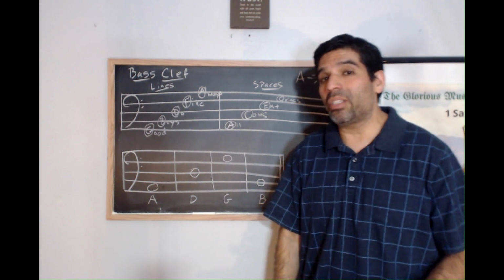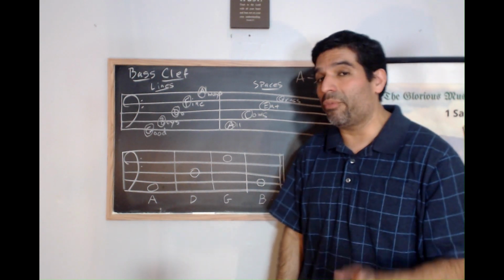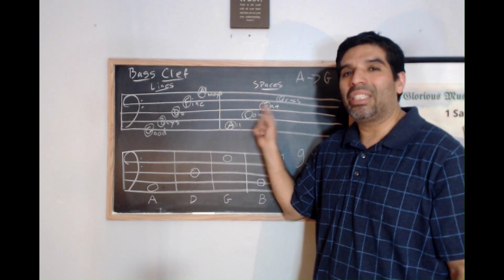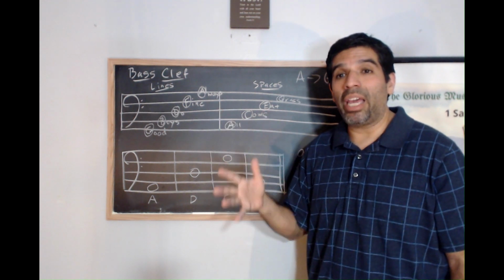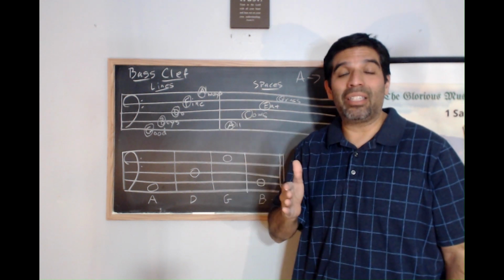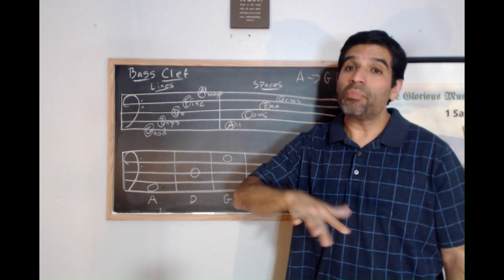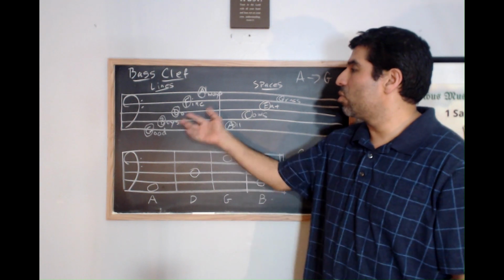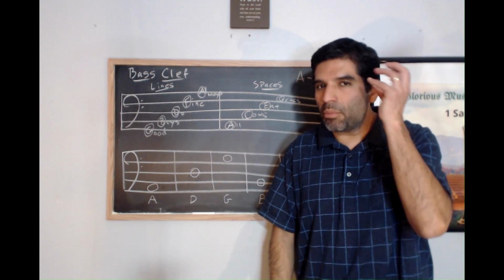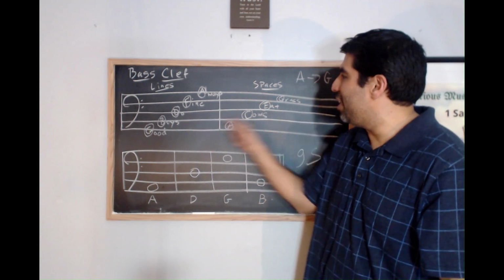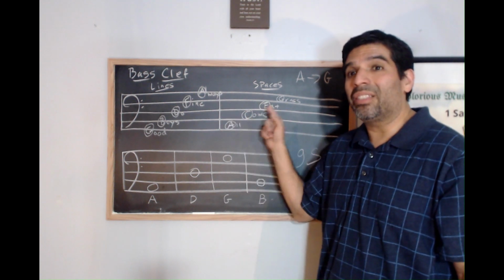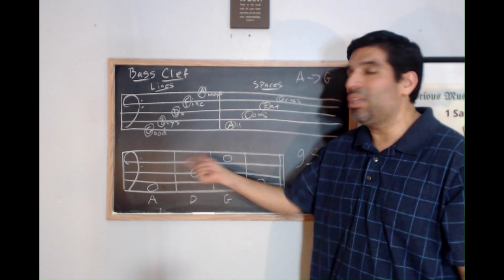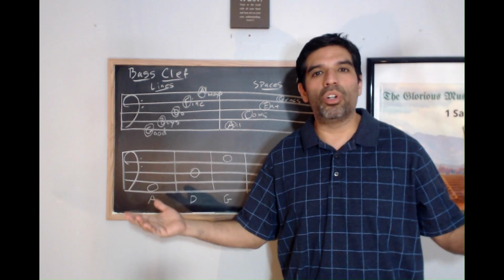Your other assignment is again going to be just like with the treble clef formulas of lines and spaces. You have to recite these about 10 to 20 times each, every day. Cover it up, test yourself, make sure you remember what those formulas are. The more you memorize it, the more you won't need this visual. You won't need to see it in order to read notes. You'll just know it, and then you'll be able to read music like you're reading words on a page.